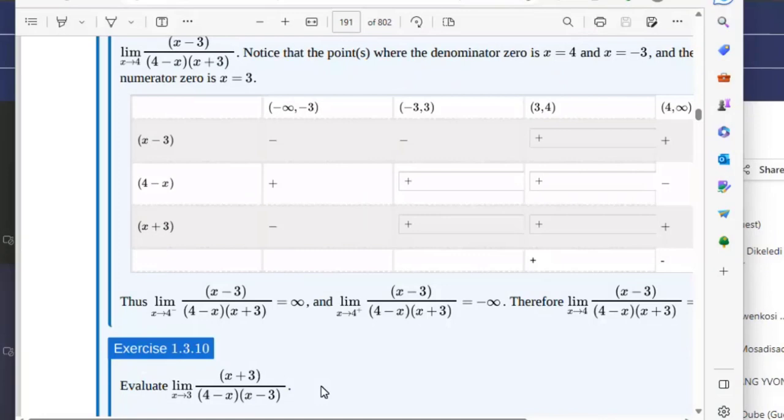Because it's this case here where limit x approaches 3 from either side, then it's 6. I substituted this 3 because in the denominator we are not getting 0. I substituted 3 as x, then I got 6.